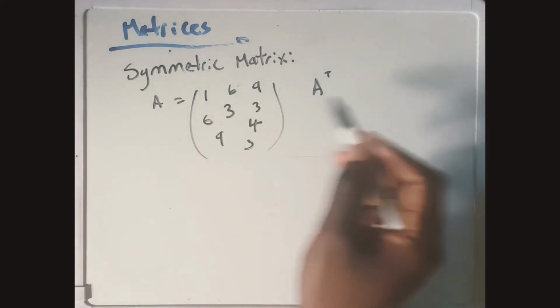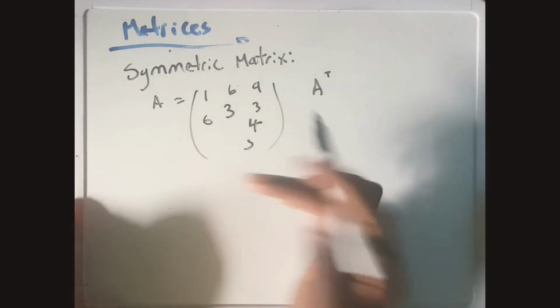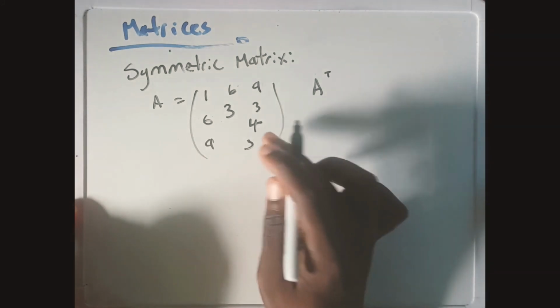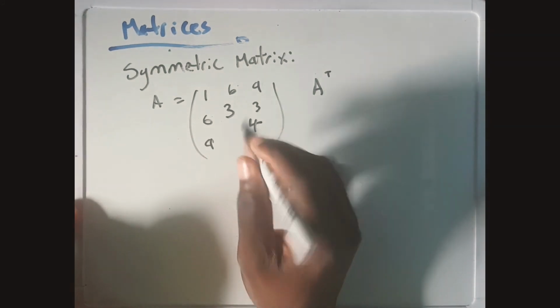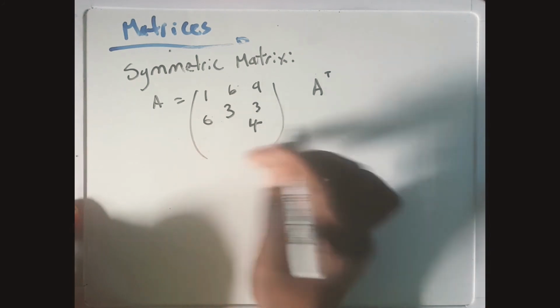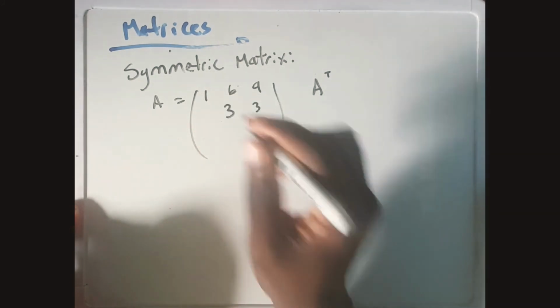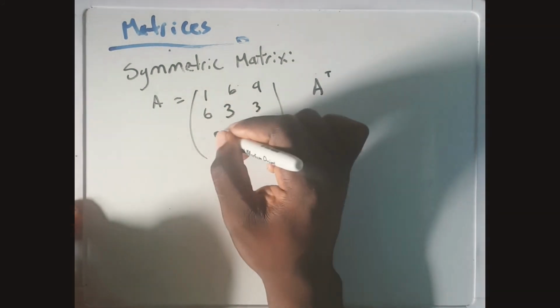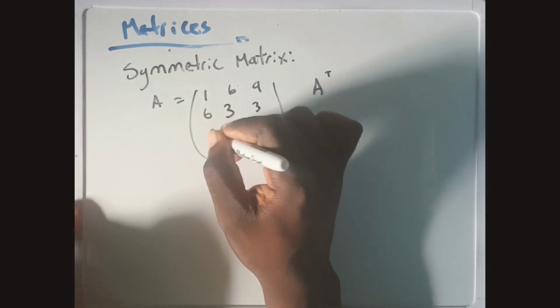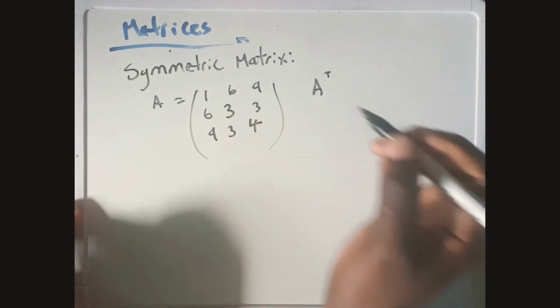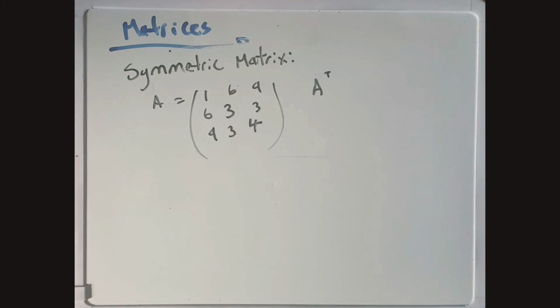If I transpose this matrix, I switch rows for columns. So the 6 should be here, the 9 should be here, and the 3 here. Back to what I was saying.